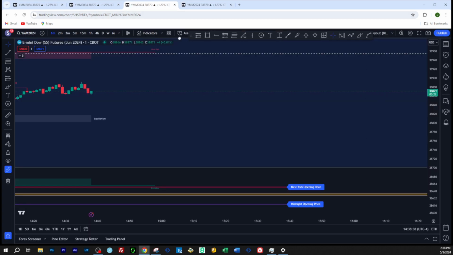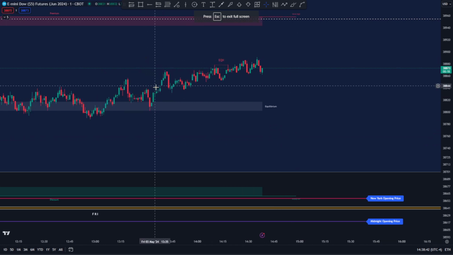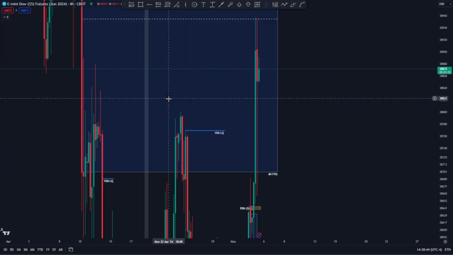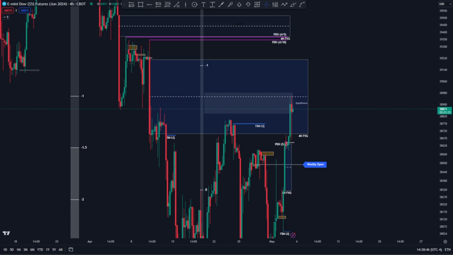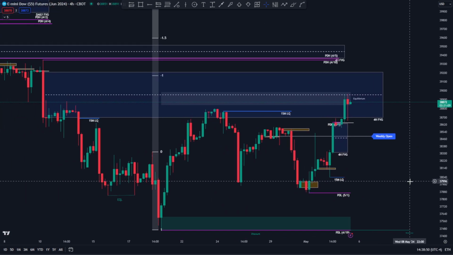Let me jump to this chart, blow this up here. So this is the Dow, what it looks like right now.